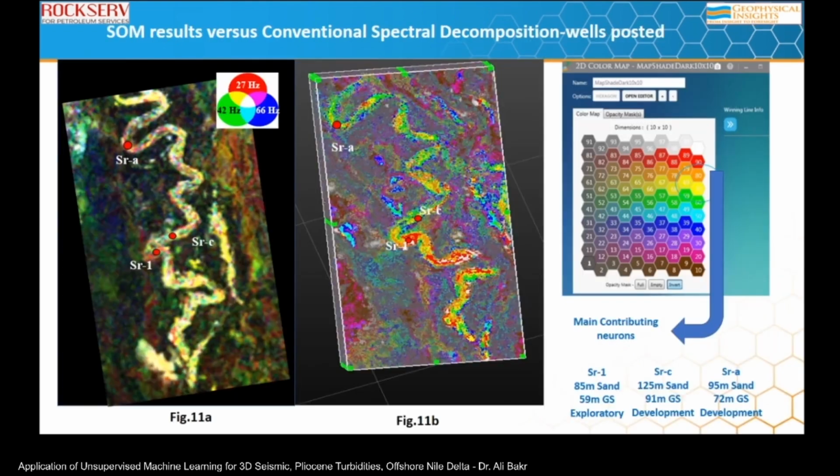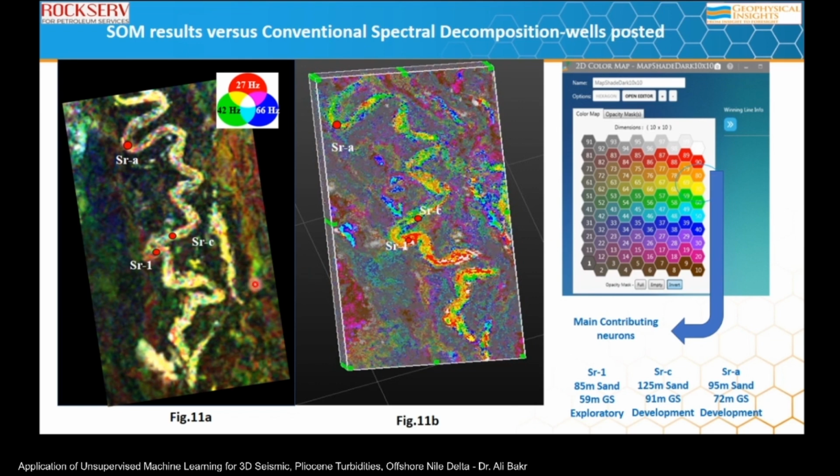Let us put those 3 wells on the 10 by 10 map, and you can see that the red color more or less coincides with the location of the 3 wells. Somebody will say that it's there and it's there. Okay, that's fine, but let us see the next slide where we are going to isolate only the effective neurons or the effective hexagons.